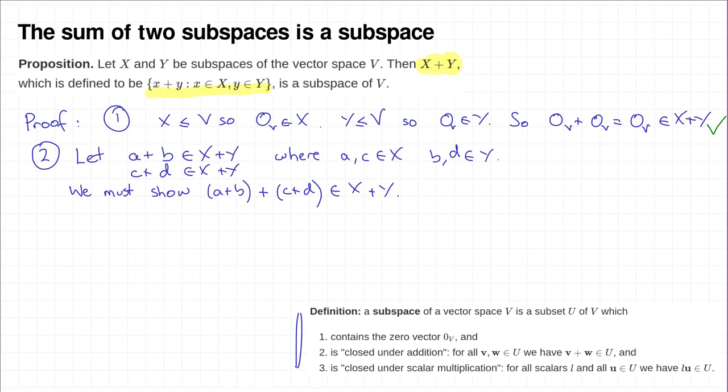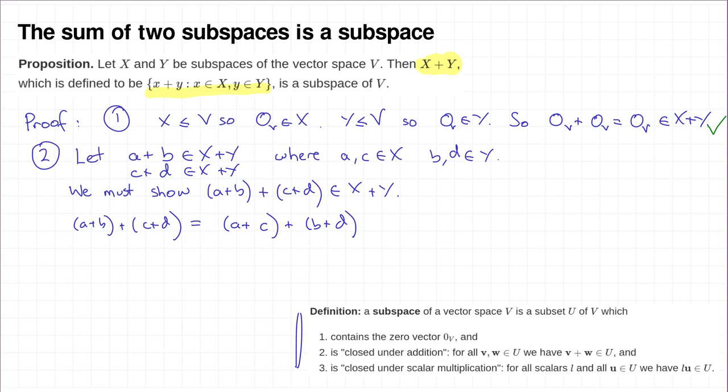Well, to do that, let's just rearrange this sum a little bit. Remember that vector addition in a vector space is always associative. Again, that's one of the vector space axioms, which means you can re-bracket this any way you like. So (a plus b) plus (c plus d) is equal to, just by re-bracketing using associativity and commutativity of vector addition, (a plus c) plus (b plus d).